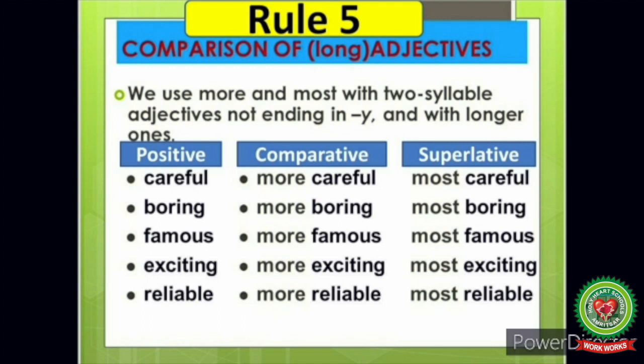Similarly, for famous, exciting and reliable, we will add more in their comparative forms and they will become more famous, more exciting and more reliable. And in the superlative forms, they will become most famous, most exciting and most reliable as they are two-syllable adjectives.